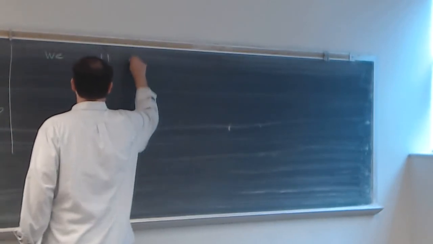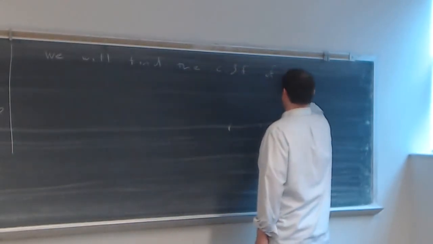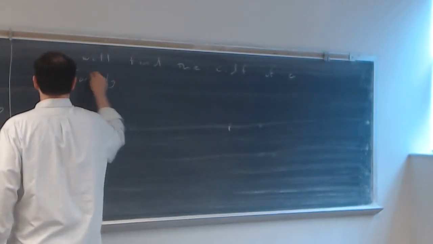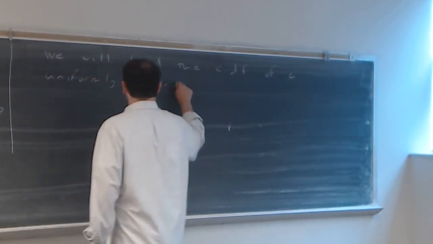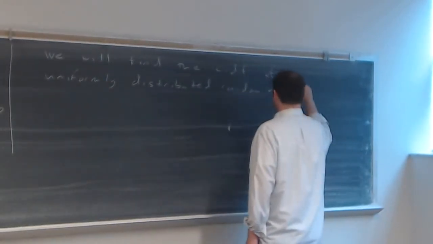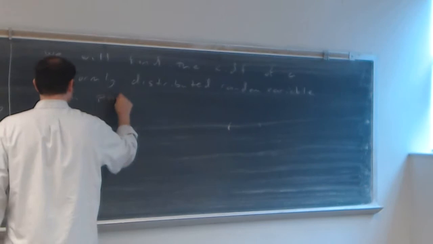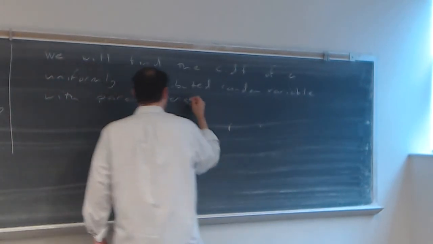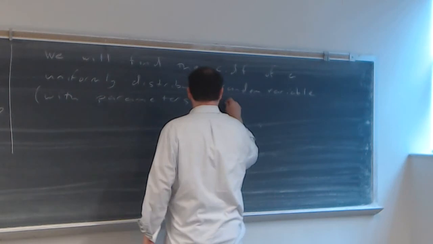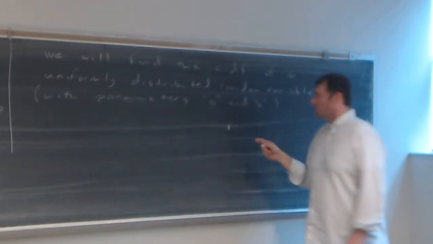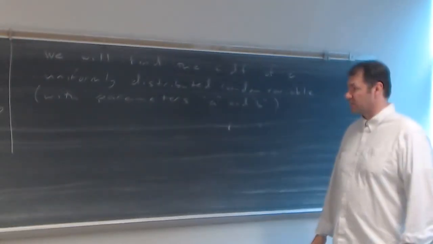We will find the CDF of a uniformly distributed random variable with parameters a and b that tell me where the PDF is not 0.